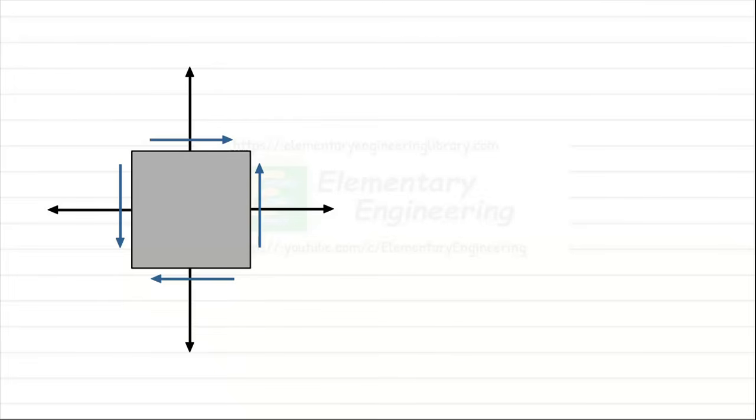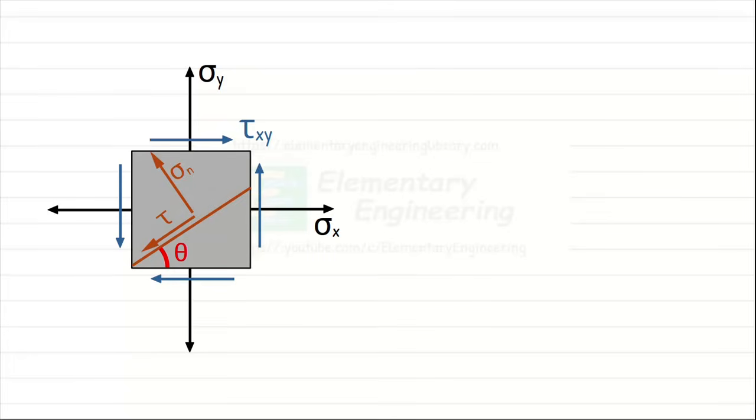Let's say the stresses acting on two mutually perpendicular planes of this square are sigma x, sigma y, and tau xy. Now, mathematically, if we know the stresses acting on two mutually perpendicular planes, we can determine the stresses on any plane that is at any angle theta.